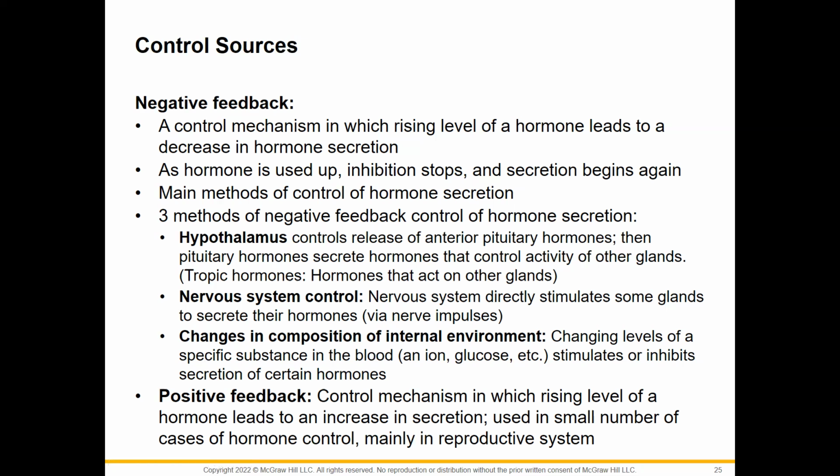So, the more a hormone is being produced, then the body goes back to the organ that produced it, either one or two organs above, and says, you can stop production now. We have enough of this hormone. We don't need you to produce anymore. So as the hormone is used up, the inhibition stops, and the secretion begins again.